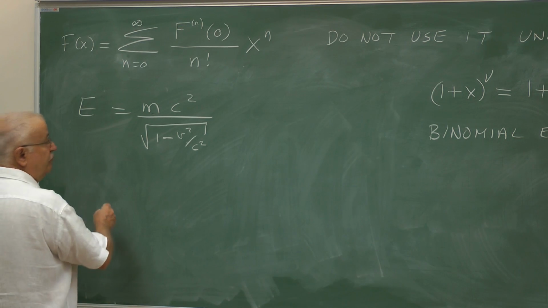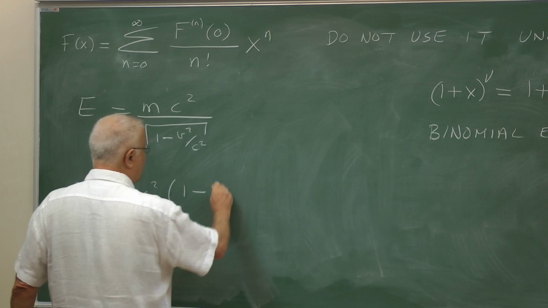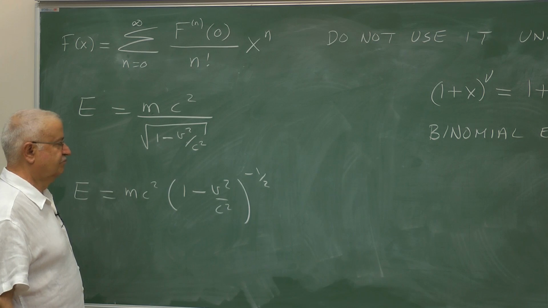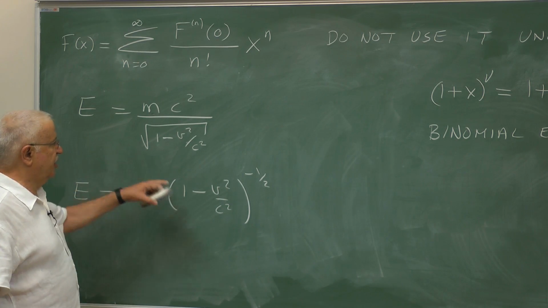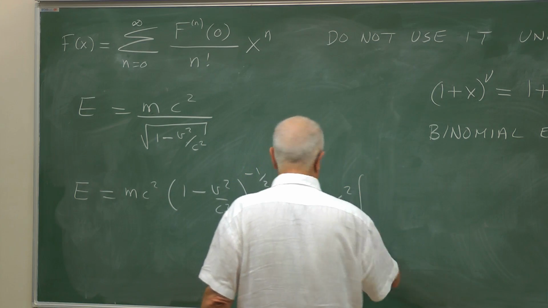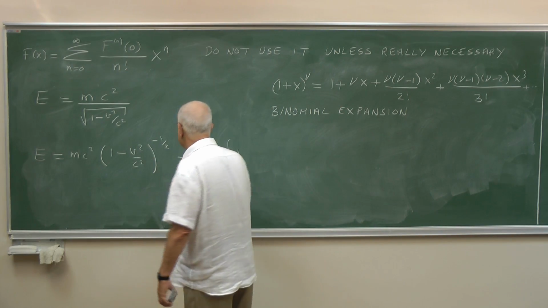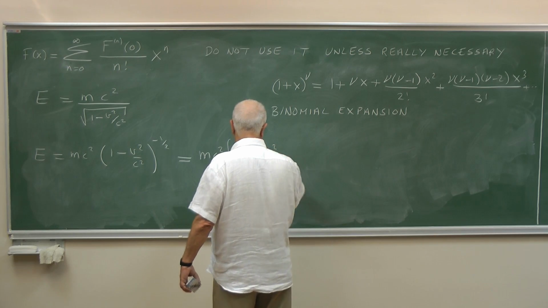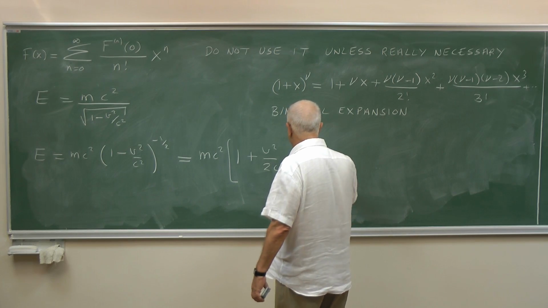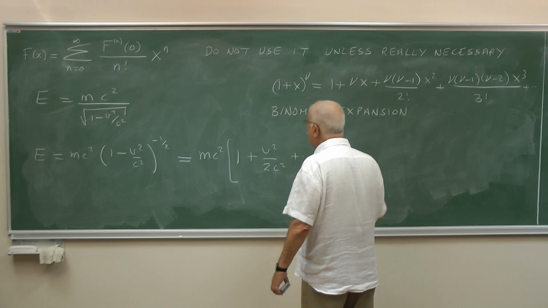So energy is mc squared times 1 minus v squared over c squared to minus a half. Downstairs and square root. So we go mc squared 1, then the power times this v squared over 2 c squared and other terms. I will not give them because I plan to give it as a homework problem.